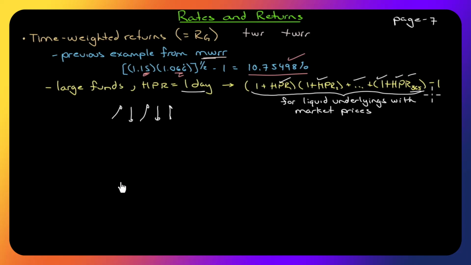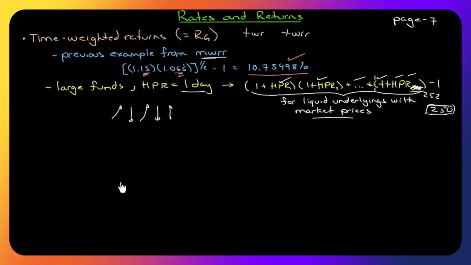Bitcoin trades all weekend long, so if they have it in there, they can calculate a holding period return. Typically, if it's just restricted to publicly traded assets, this would be right around 252. The convention is to use 250 days because you can only have 250 days of returns. Subtract out the 1.